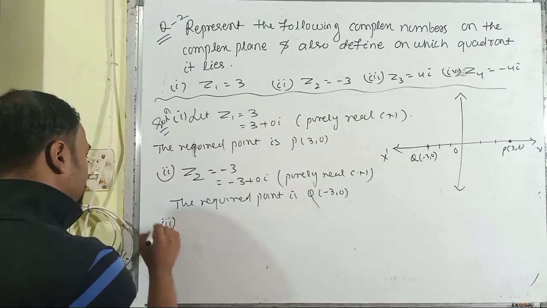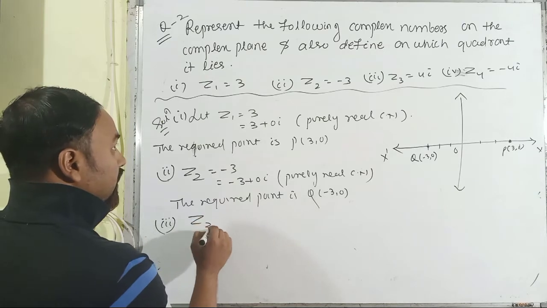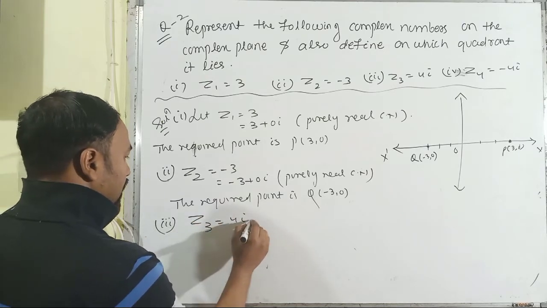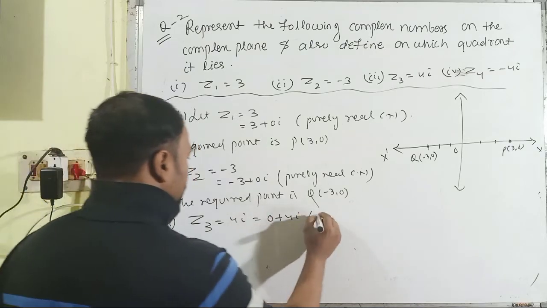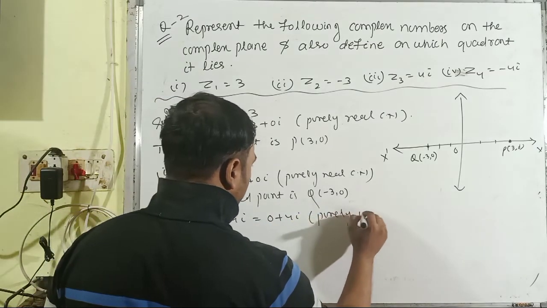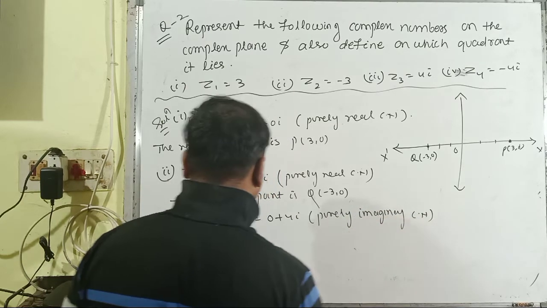Then the third bit is here. Z3 is equal to 4i. You can also write it as 0 plus 4i, and this is a purely imaginary complex number.